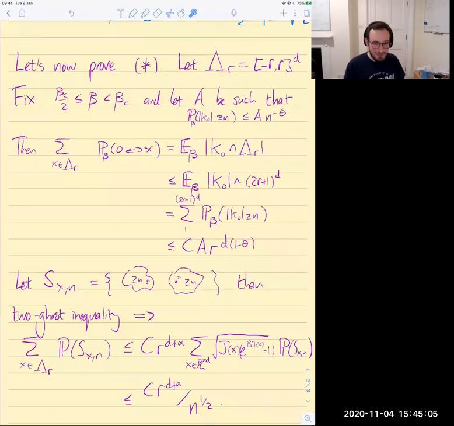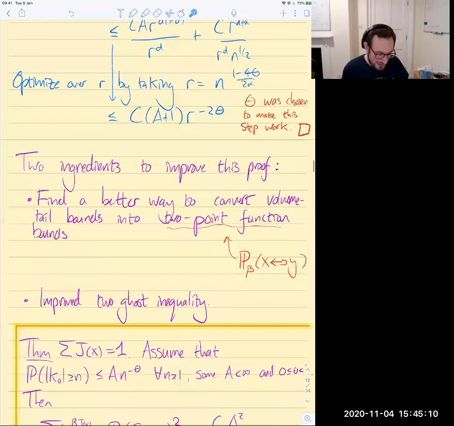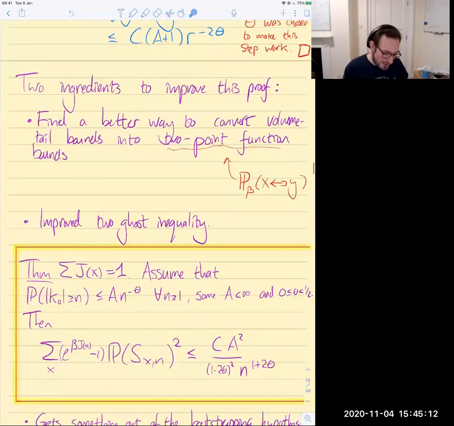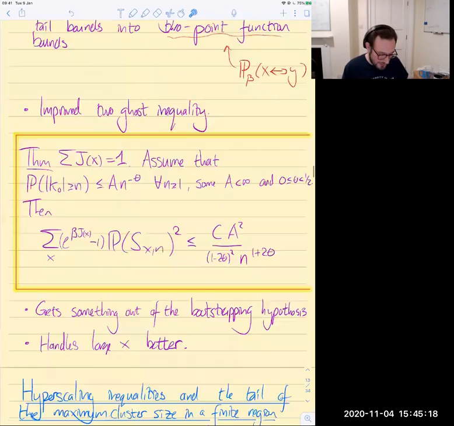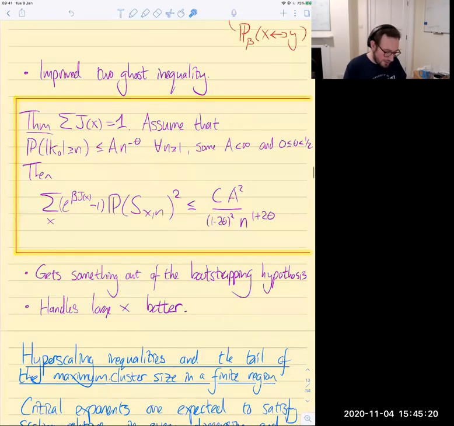So that's mostly what I want to talk about today. This has some cool new stuff. The other thing is that there's an improved version of the two-ghost inequality that I'm not really going to talk about, but it's written here. This improved version has two features that make it nice.